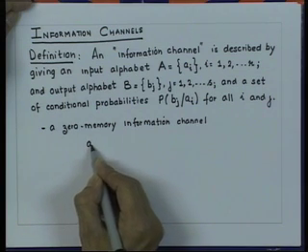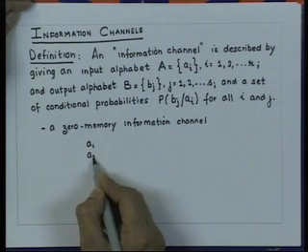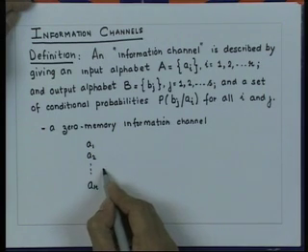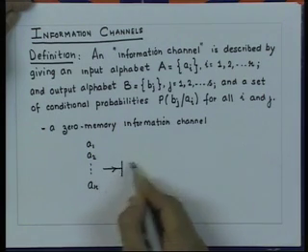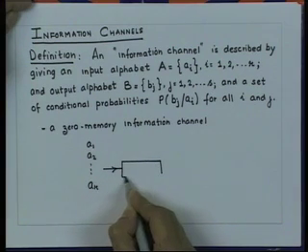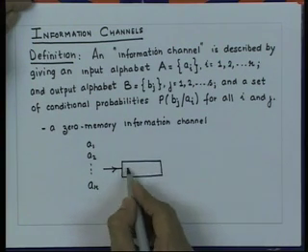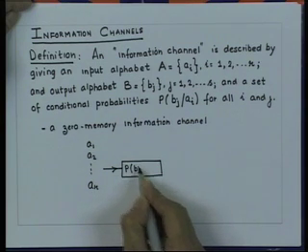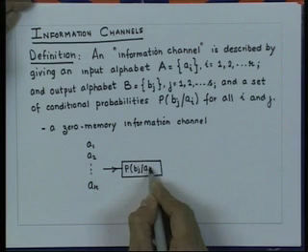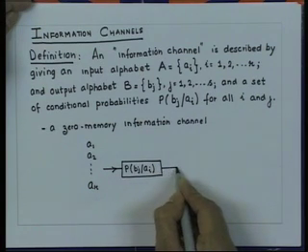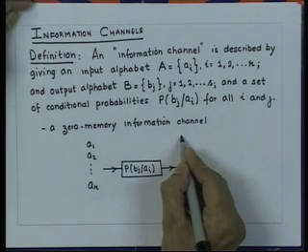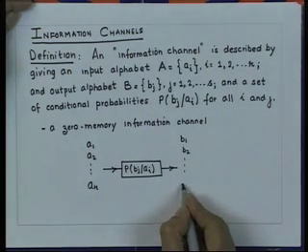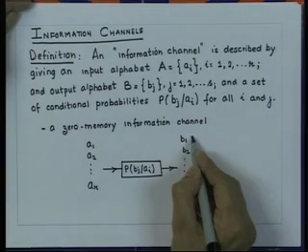So, we have the inputs to the channel given by A1, A2 up to AR, and this passes through a channel where we have been given the conditional sets of probabilities, and we have an output which is B1, B2 up to BS.